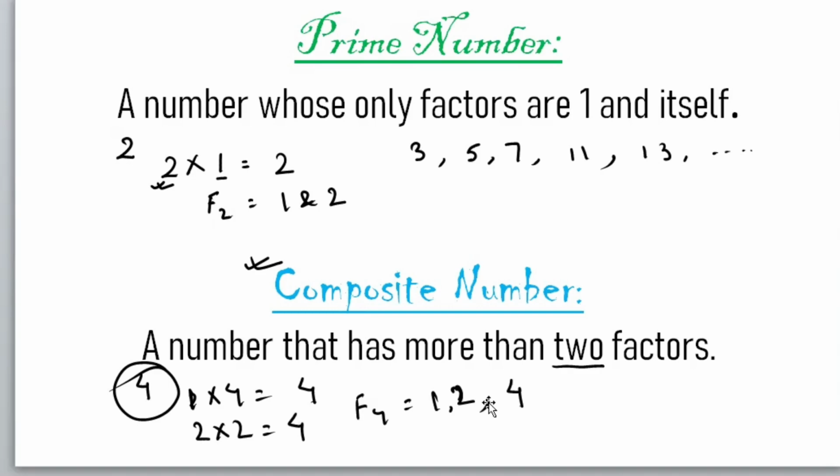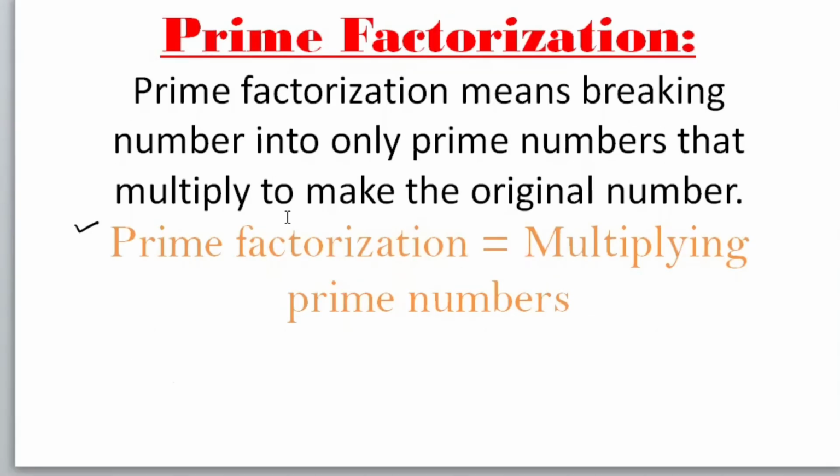A number that has more than 2 factors, or you can say all the numbers other than the prime numbers are composite numbers. Then we saw what prime factorization is: breaking the number into prime numbers that multiply together to make the original number.